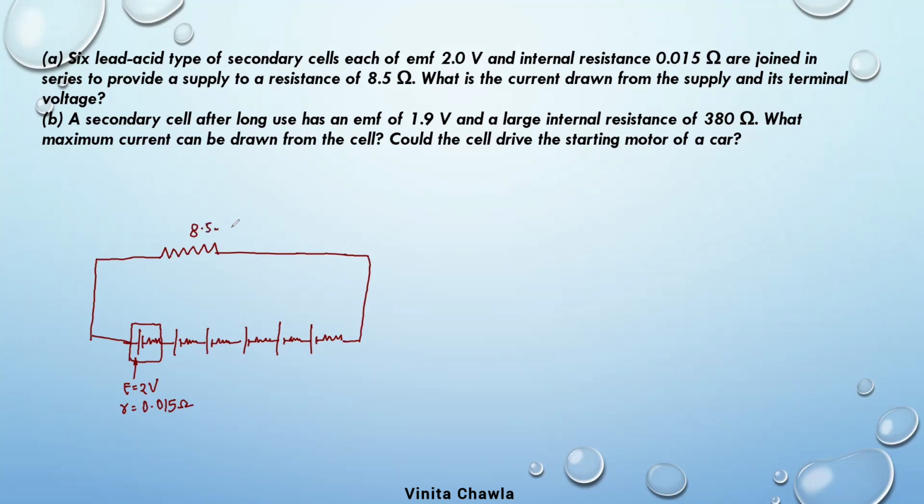So what current is drawn from the supply? We have to find the value of current and the terminal voltage. So in the first part, we have to find current, number one, and number two, terminal voltage. How will you find? कैसे find करोगे?